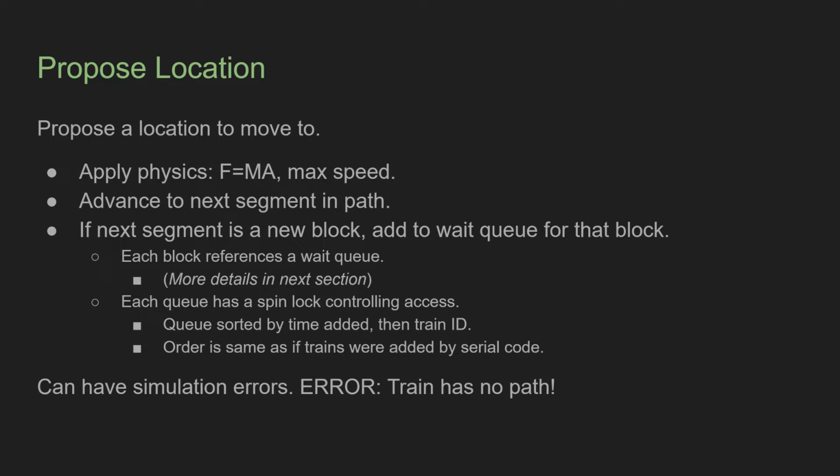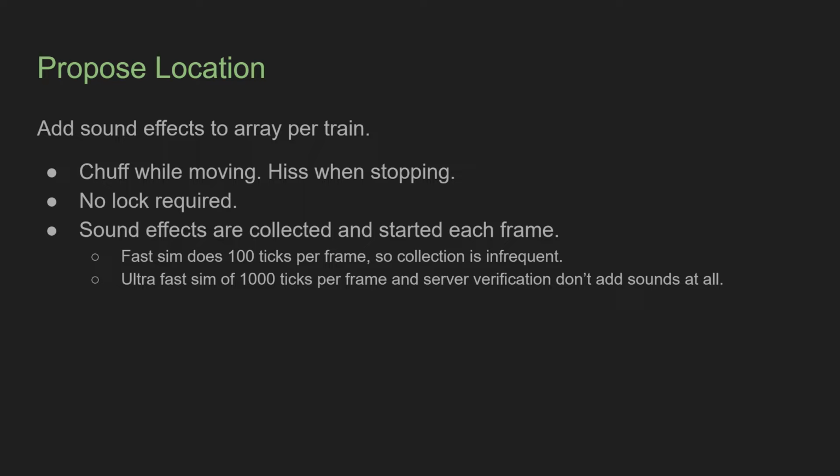It's worth noting that it's also possible to generate errors when proposing a location, for example, if a train doesn't have a next path segment. Finally, it's possible for trains to generate sound effects. Each train has an array of sound effects that it's generating. These basically consist of a chuff while it's moving, and also a hiss whenever it's stopping.